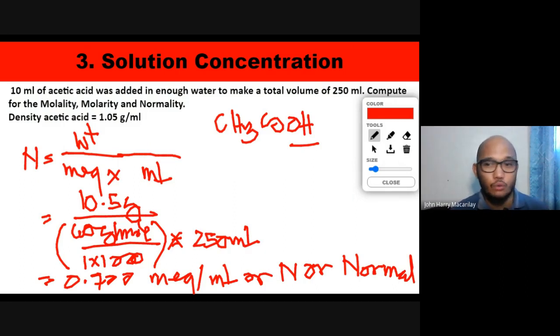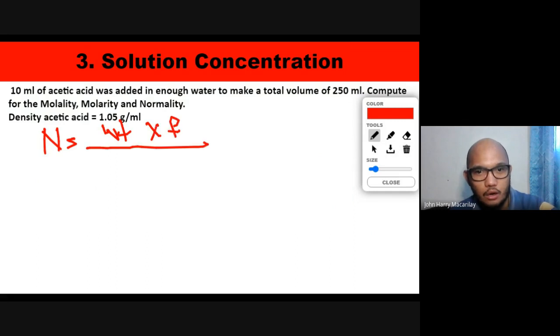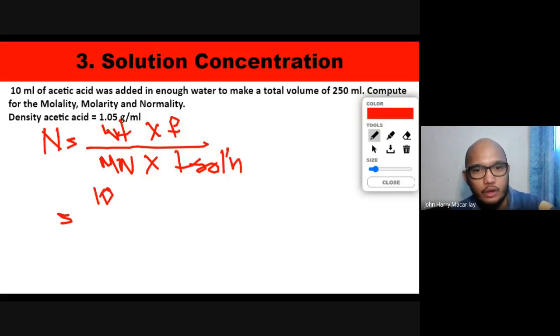You can make use of the other formula for normality. You should get the same answer, but the unit would be different. So for example, what is our formula? N equals weight times factor divided by molecular weight times liter of the solution. So you have 10.5 grams, times factor 1.